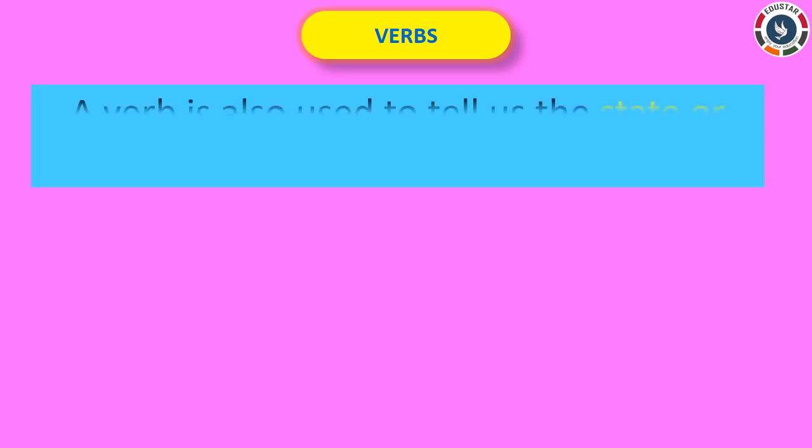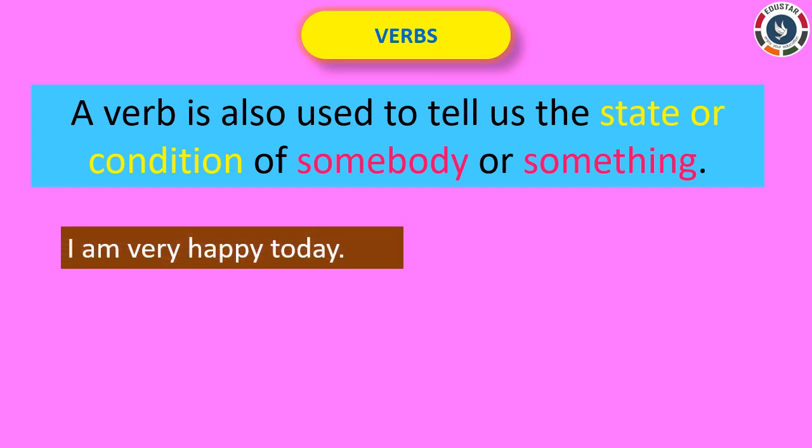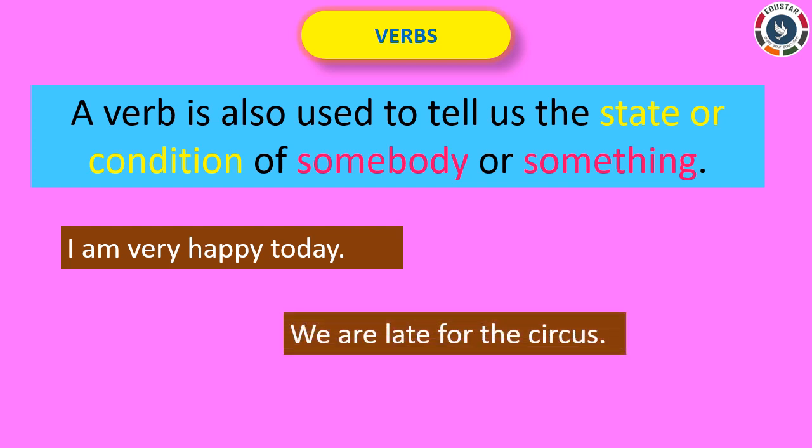A verb is also used to tell us the state or condition of somebody or something. For example, I am very happy today. We are late for the circus.